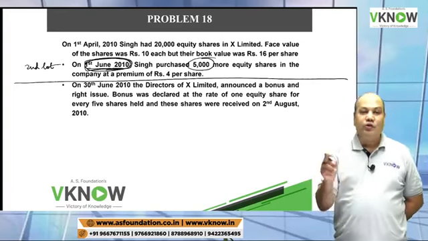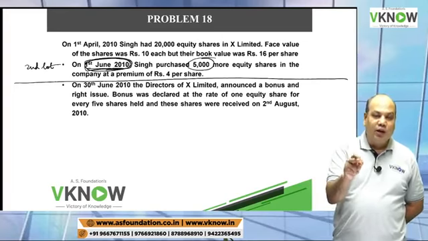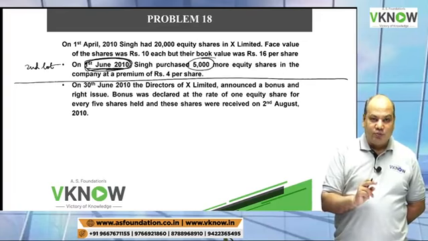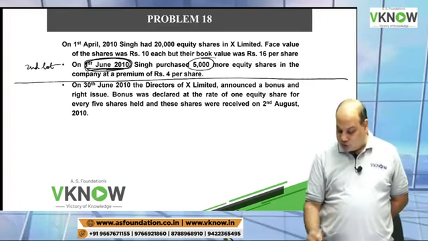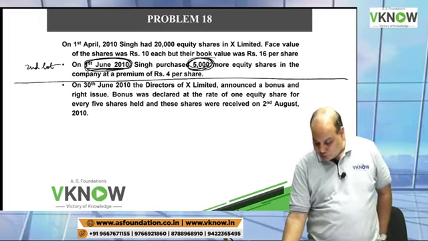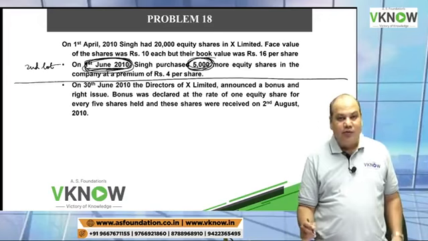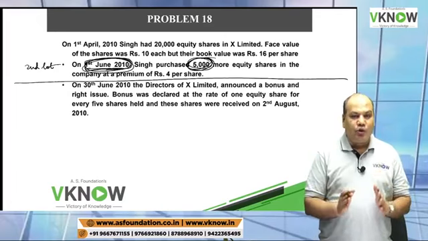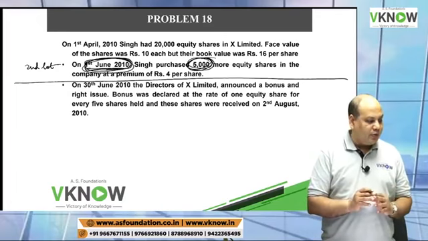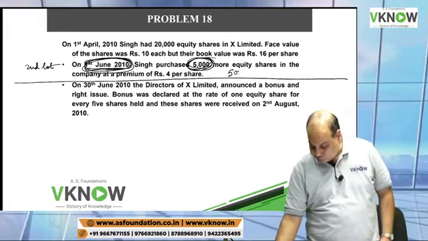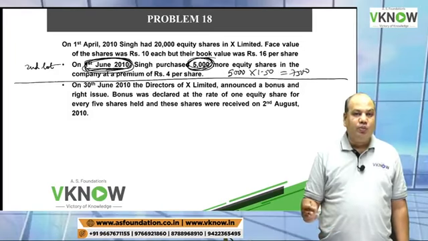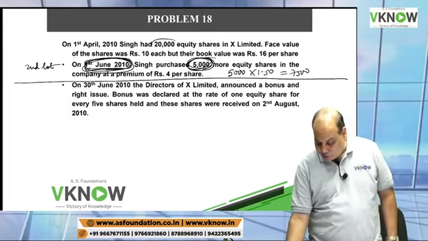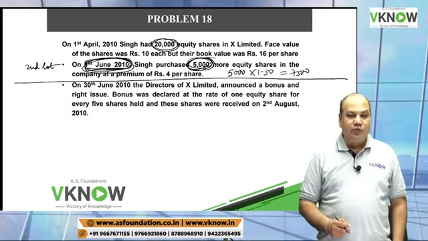But he was not a shareholder of the company as on 31st March. So therefore dividend received on 5,000 shares purchased on 1st June 10 is a dividend out of pre-acquisition profit. So 5,000 into 1.50, 7,500 is dividend out of pre-acquisition profit.